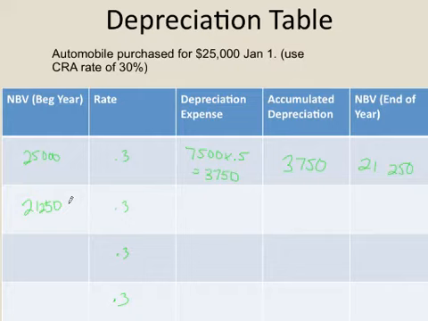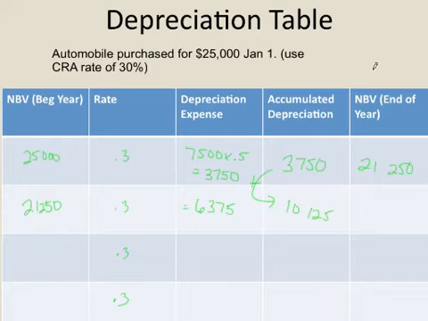Times it by our rate in the next year is going to be $6,375. Notice that it jumps up a little bit. Normally in declining balance method it goes down, but because we had used the 50% rule in the first year, it is normal for it to bump back up in the next year, our depreciation expense. So now our accumulated depreciation is going to be $3,750 plus the $6,375, $10,125.